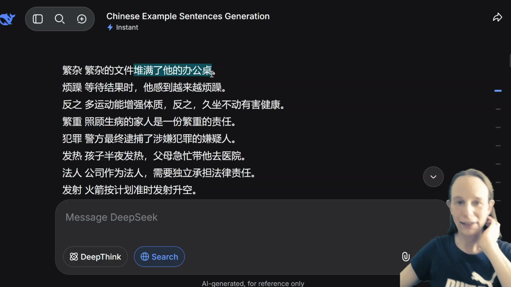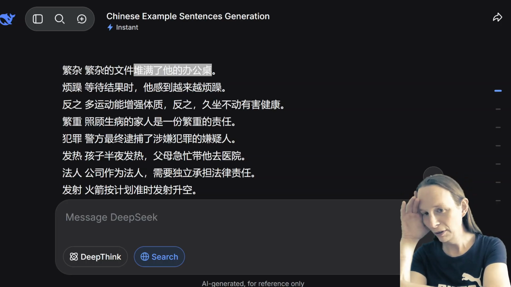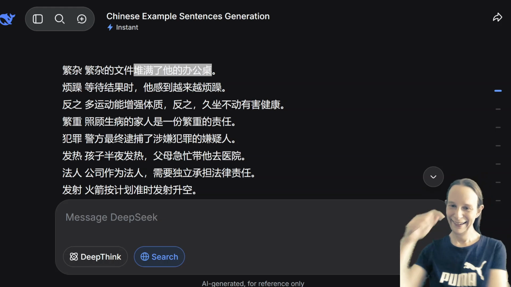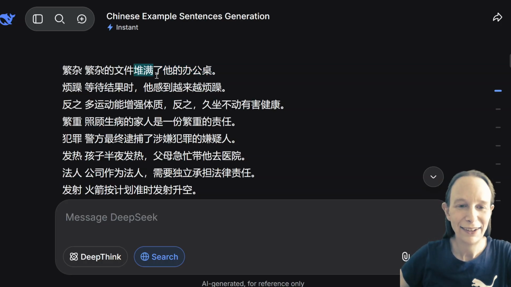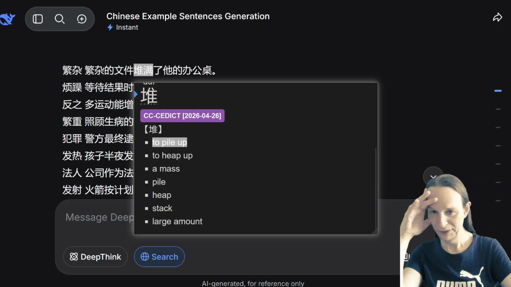So anyway, 堆满了书桌，办公桌。All right. So there is a meaning of 堆, pile up.